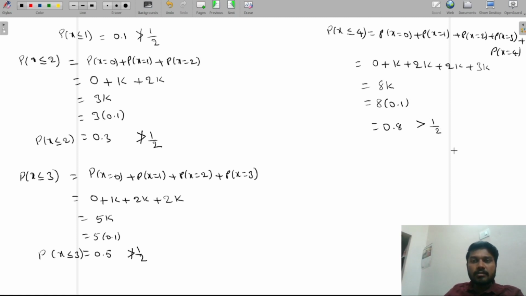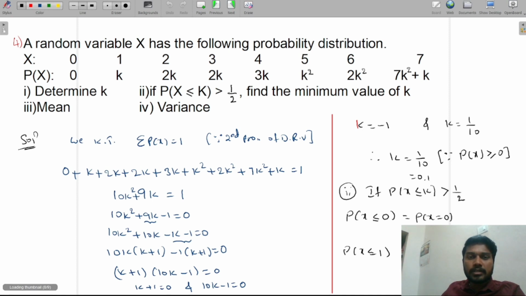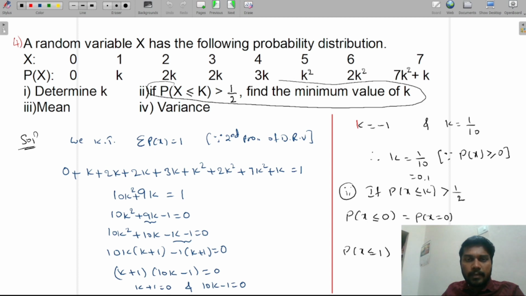So at k equal to 4, I got more than 1/2. What is being asked in my question? Tell me. Read it once again. If P(X ≤ k) is greater than 1/2, find the minimum value of k. So at what value am I getting more than 1/2?